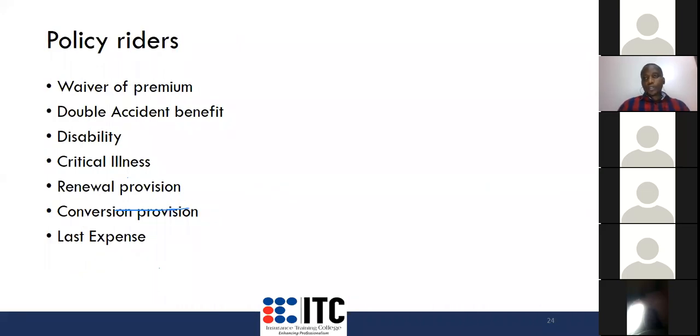So we come down to the riders, and this is what I was alluding to earlier. Usually the generic products, that's a term assurance policy, the whole life policy, and the endowment, cover the risk of death. And they cover them based on how we have defined them.